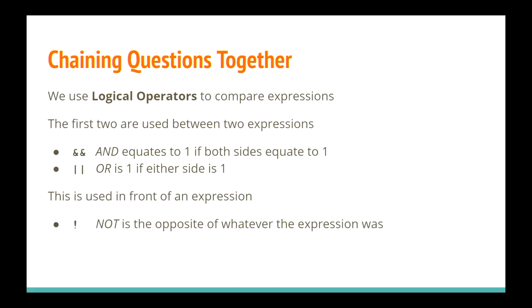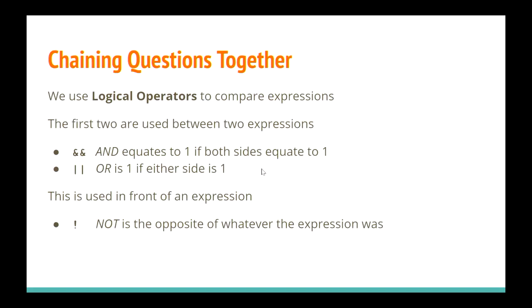The or says if either of these. In English it makes sense, right? And is both of them, or is either one of them is fine. So the or will be true if either side is a 1 or anything other than 0. The and will be a 1 if both sides are greater than 0.